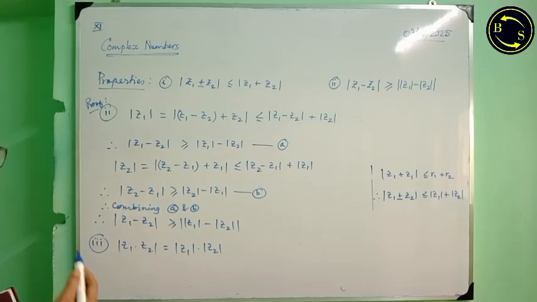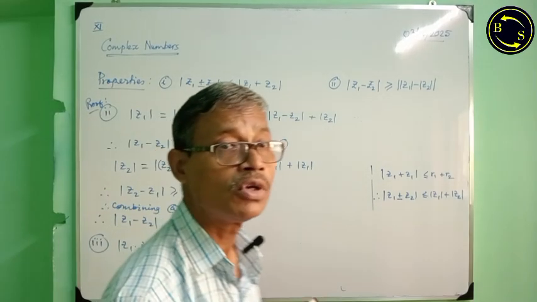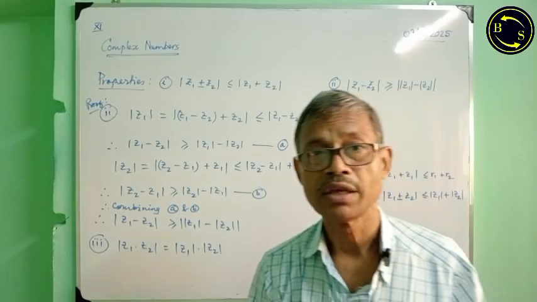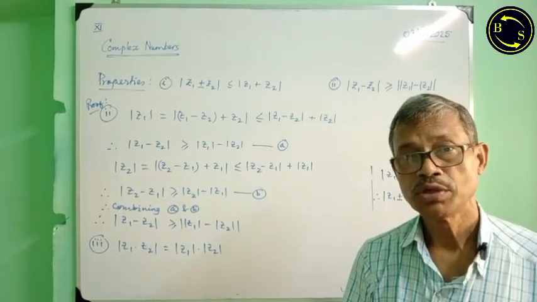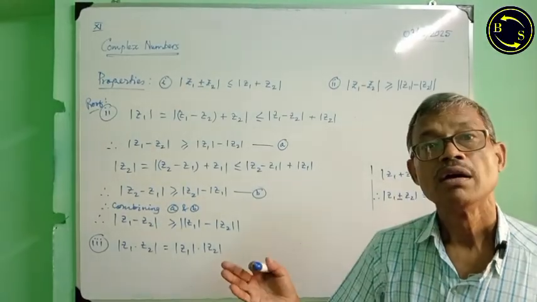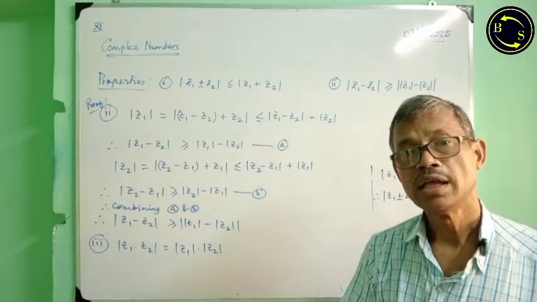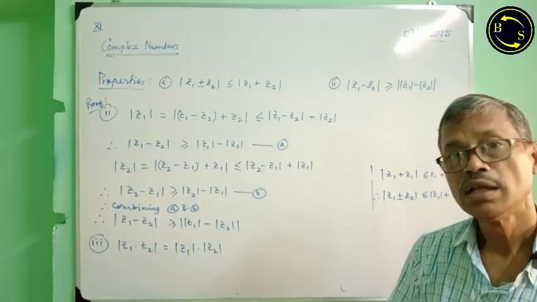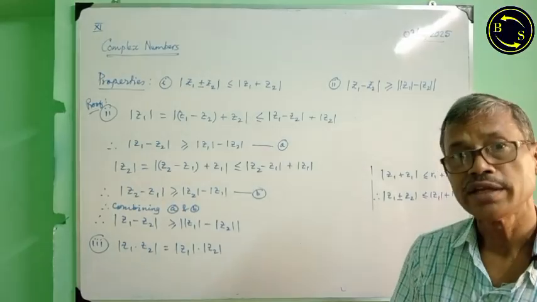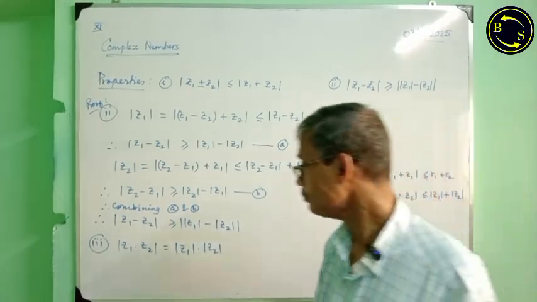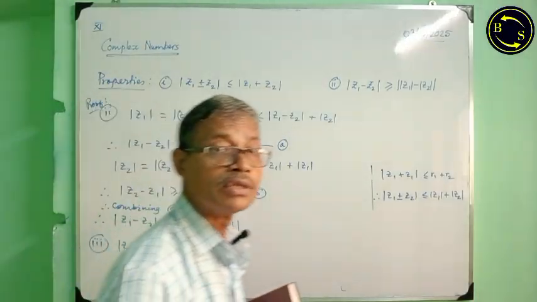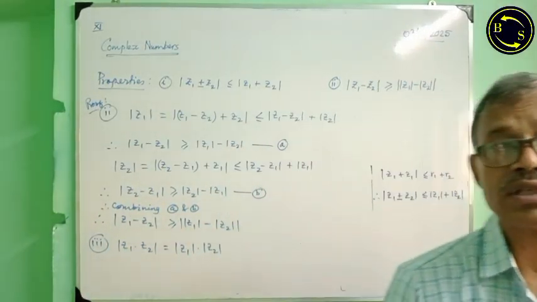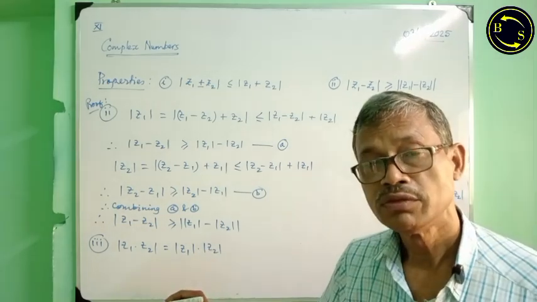You can prove it easily, very easy. Also, you can prove it by taking z1 equal to a1 plus i b1, z2 equal to a2 plus i b2, then get the product and find the modulus and also calculate the right hand side. You can prove it easily. I am not proving it. I suggest students prove it yourself. Very easy proof.